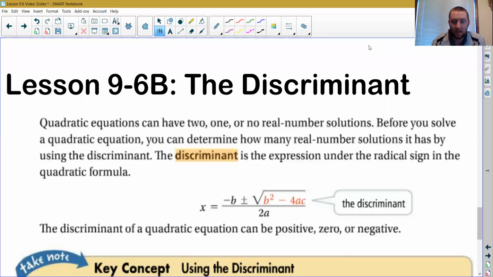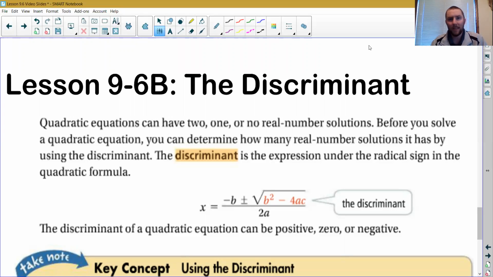The discriminant is a specific piece of the quadratic formula that we looked at in our last video that allows us to determine not only how many solutions our quadratic equation has, options 0, 1, or 2, but it also allows us to determine if the equation is in fact factorable either with the window method or with the regular factoring method, okay?